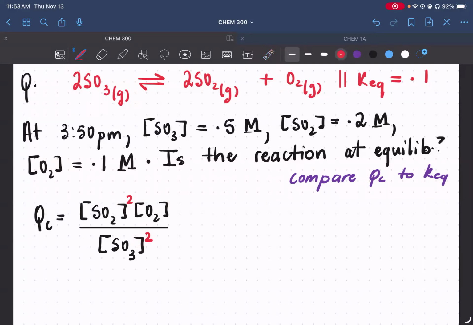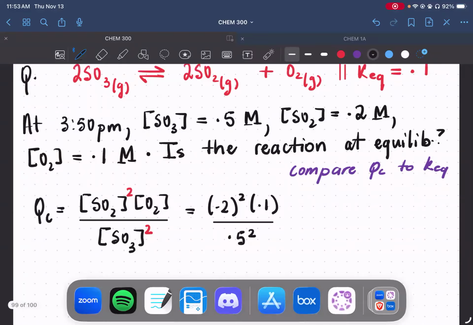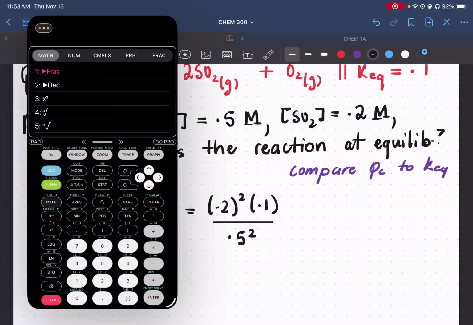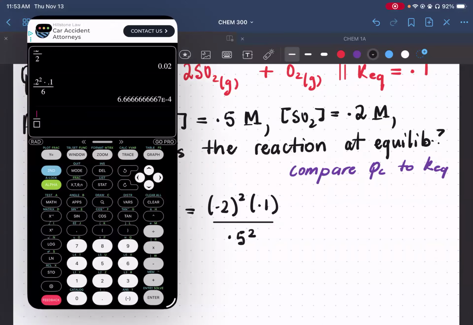With that, we can plug in our values. 0.2 squared times 0.1 all over 0.5 squared. We're going to go ahead and put this in our calculator. 0.2 squared times 0.1 divided by 0.5 squared.